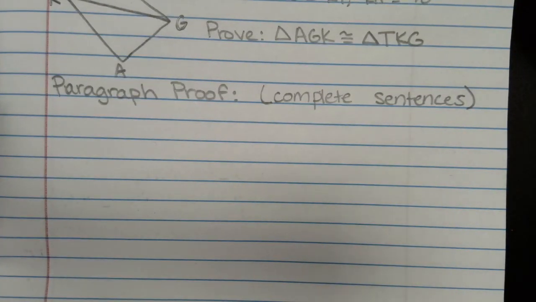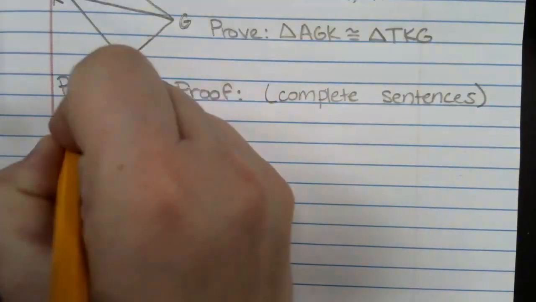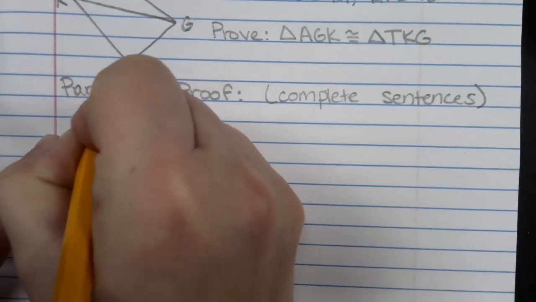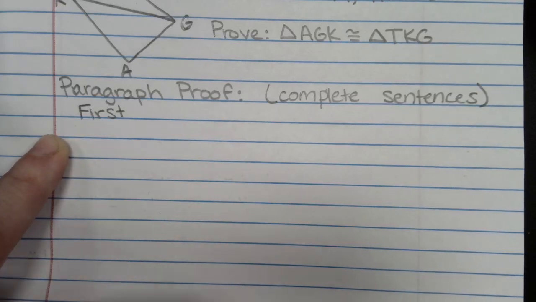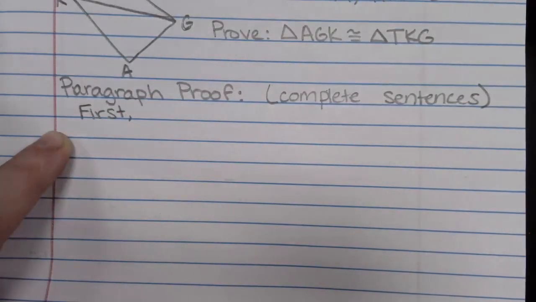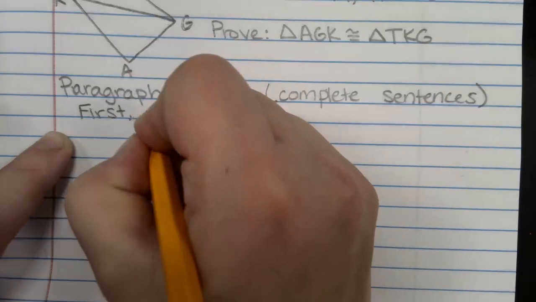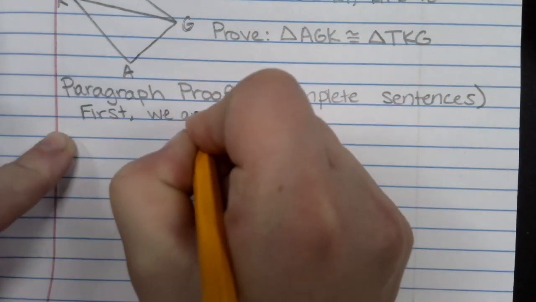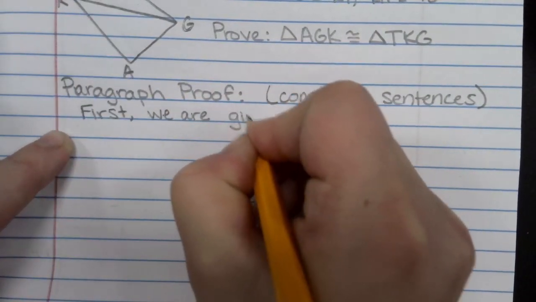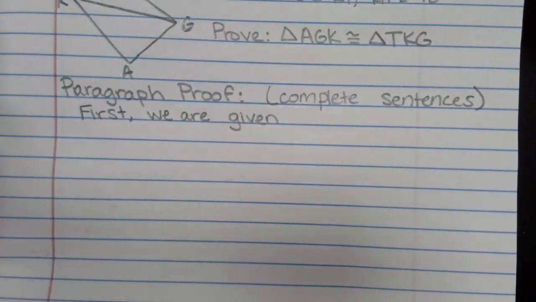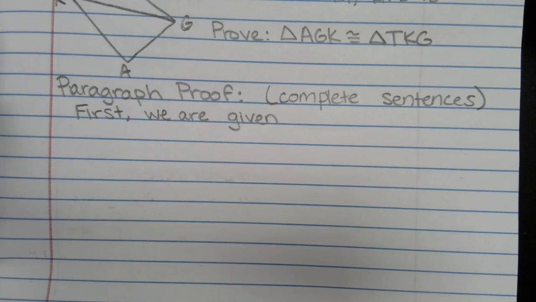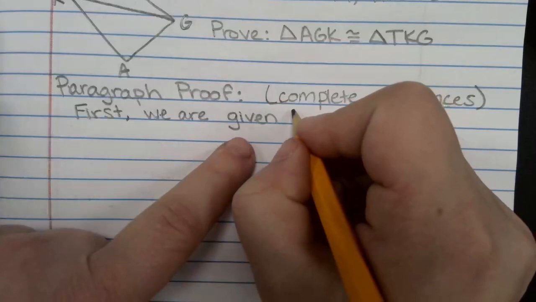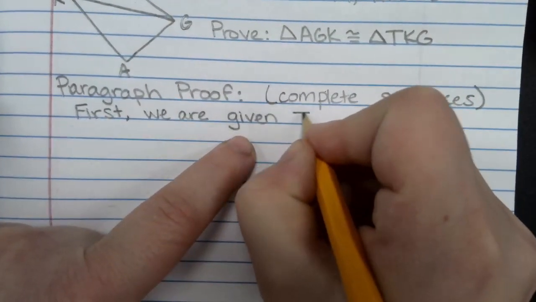So we're going to start off with something that tells us we're at the beginning. A lot of people like to say first. So first, comma, right? Comma comes after sequential words. We are given AG is congruent to KT.